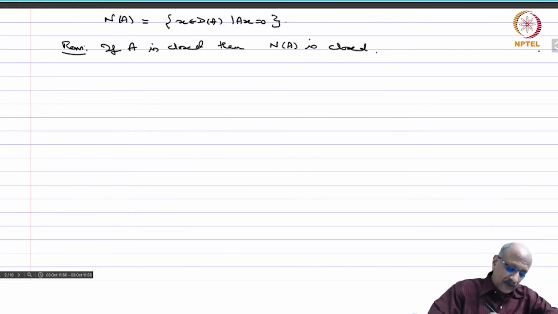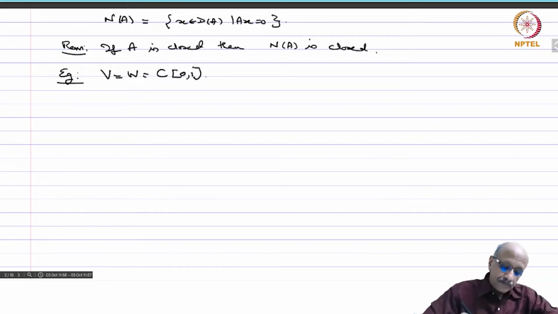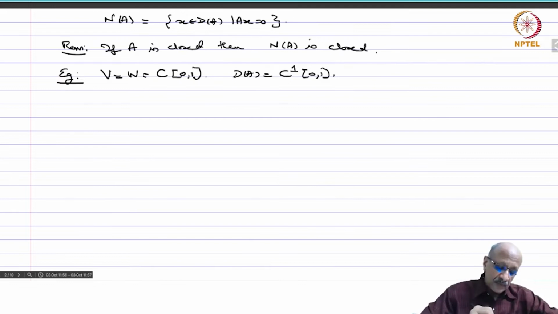Okay, so let us give an example. Let us take V equals W equals C[0,1], and let us take D(A) to be C1[0,1], continuously differentiable functions on the closed interval [0,1]. And then you define A of u equals u', the first derivative of u.